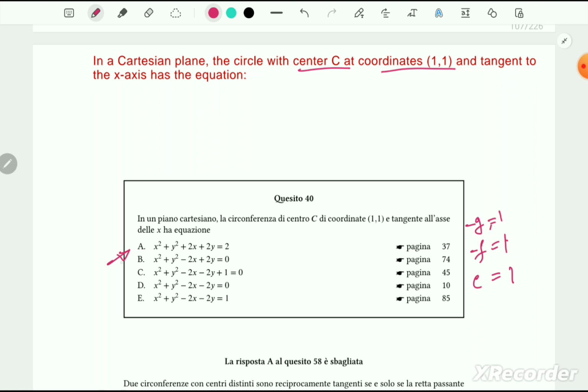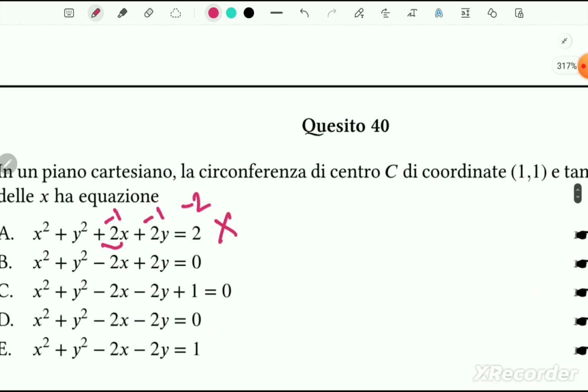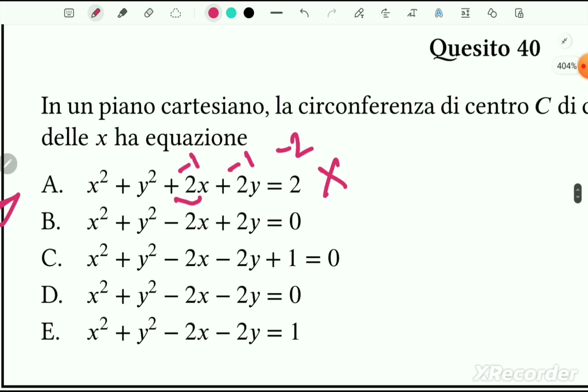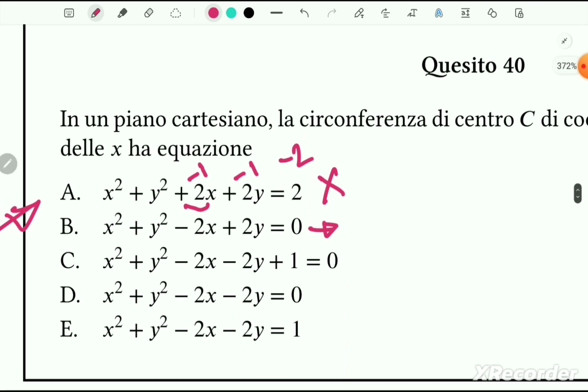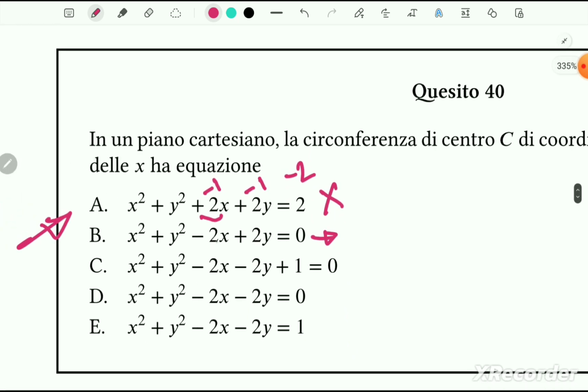Option A, here the center is (-1, -1), and c is -2. So this is not the right answer. Option B, in case of option B, here the center is (1, -1), and the c value is 0.